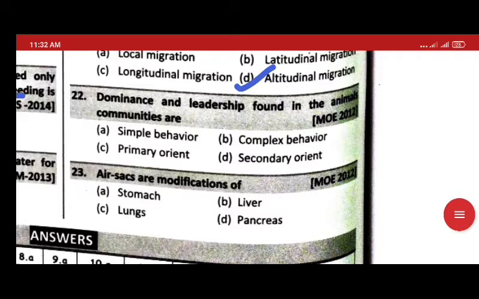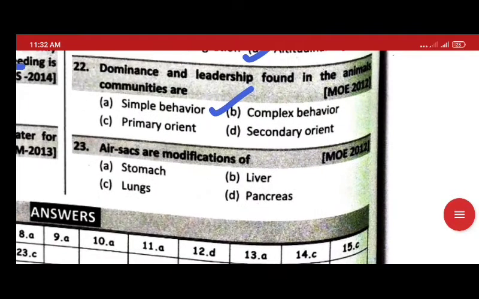If there is leadership, then there should be complex type of behavior. B option is right. Now air sacs are modification of lungs, because from air sacs in fish we can use it as a respiratory organ.